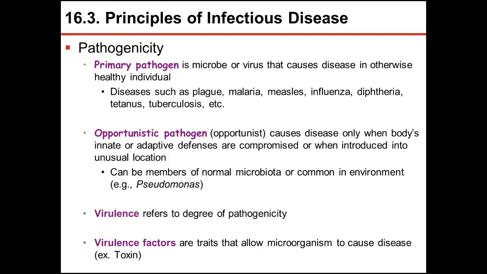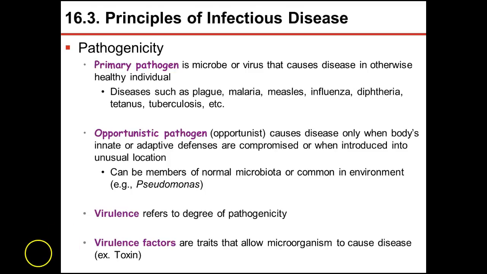Now, an opportunistic pathogen is the ones that I've been referring to that are normally part of our microbiota, but given changes in our body in any sort of fashion can actually cause these to start forming a disease or forming a colony much larger, which then can ultimately start causing signs and symptoms in the patient. We refer to this as their virulence. So the virulence is, when we talk about a pathogen, we want to know how virulent is it.